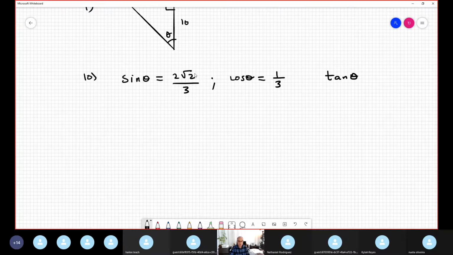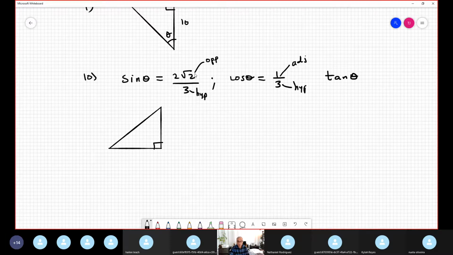One way is to draw the triangle. So people prefer to draw the triangle. I know by definition this side is opposite, this is the hypotenuse, this I suppose is adjacent. Hypotenuse is 3, opposite is 2 radical 2, and adjacent is 1. And this is my famous theta angle.